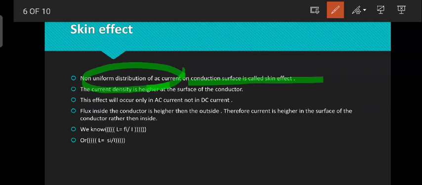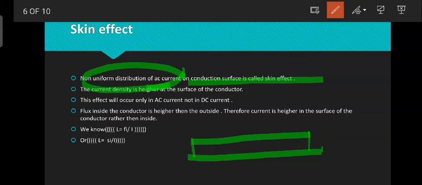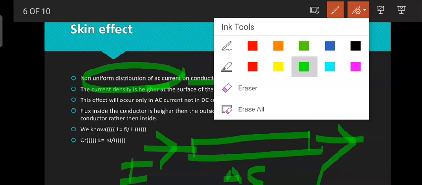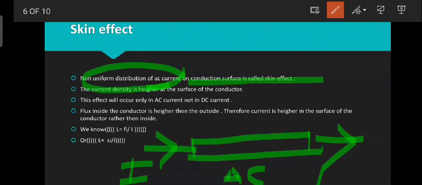That means if I take a conductor and pass AC current, that is alternating current, through it, this is our conductor surface.